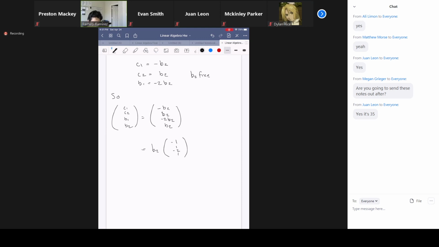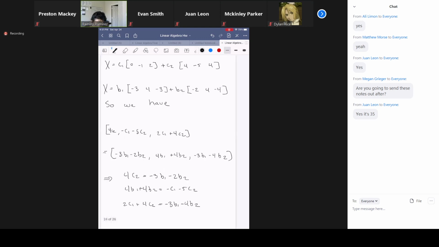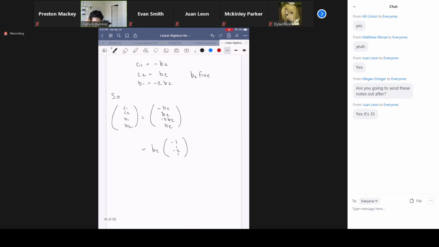Okay, so I guess once you do this, you can just pick B1 to be 1. Once you do that, you just plug this into any of the two. So if you do that, then C1 has to be minus 1, 1.